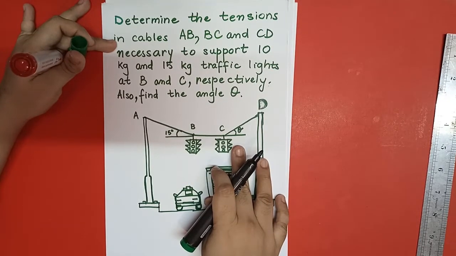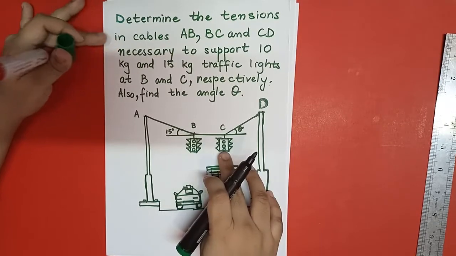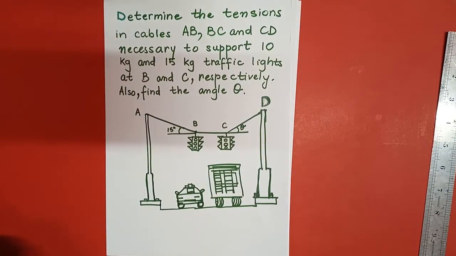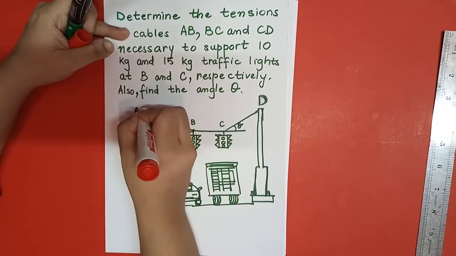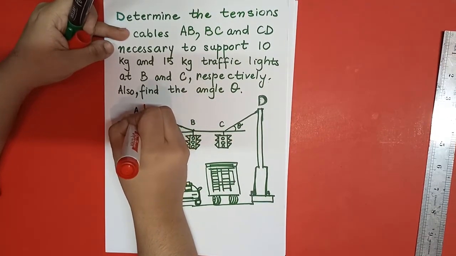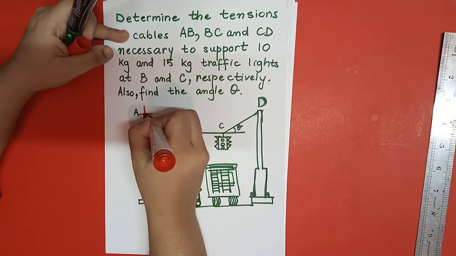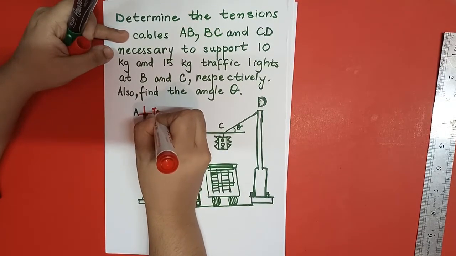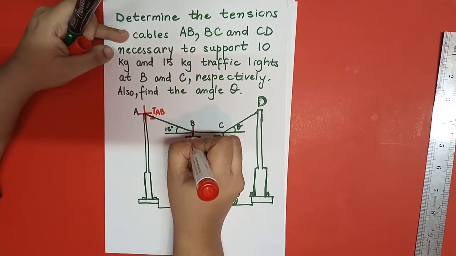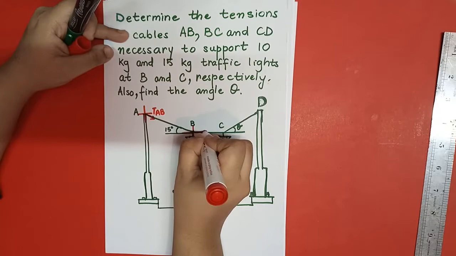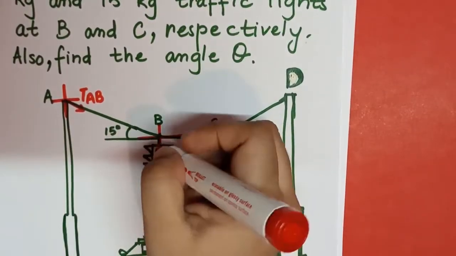So first, we have to make free body diagrams at points B and C. Let me tell you how we can draw the free body diagram. If we draw the free body diagram at point A, there is only one tension over here, that is TAB. Another free body diagram is here.